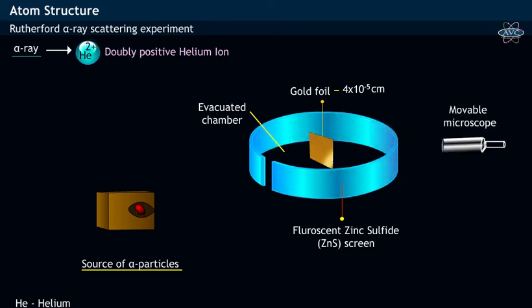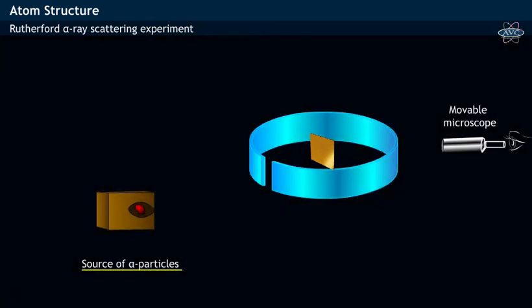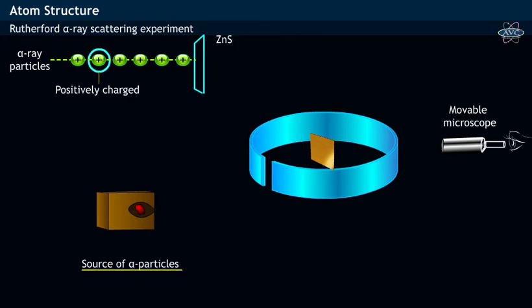A movable microscope is arranged outside the zinc sulfide screen in order to see the light flashes or scintillations. The alpha particles, being positively charged, cause scintillations on striking the fluorescent zinc sulfide screen.